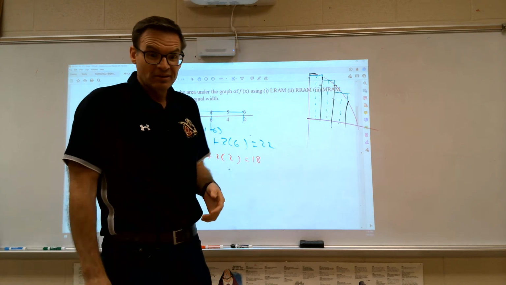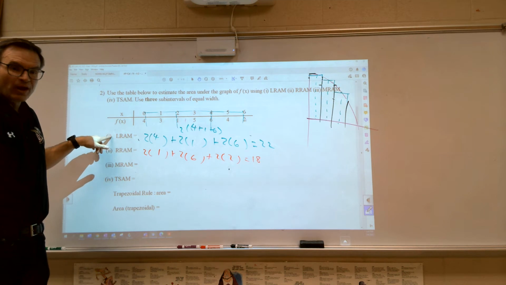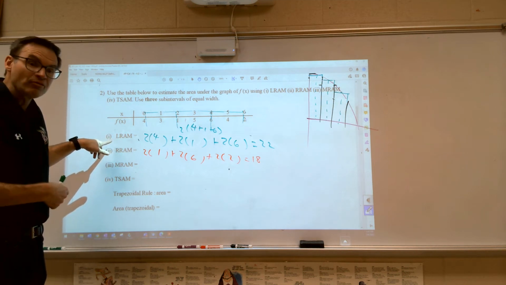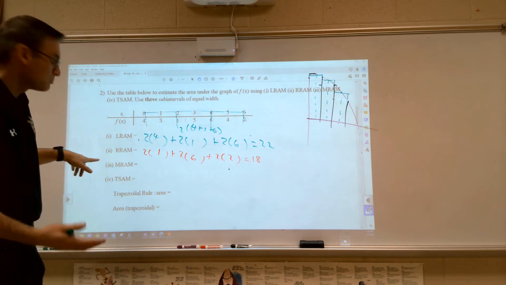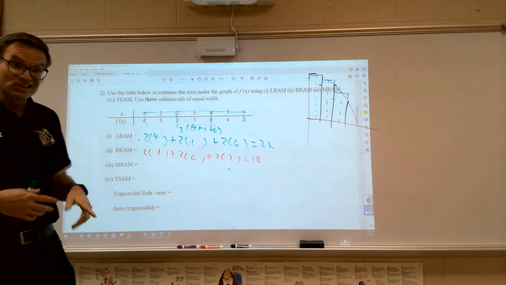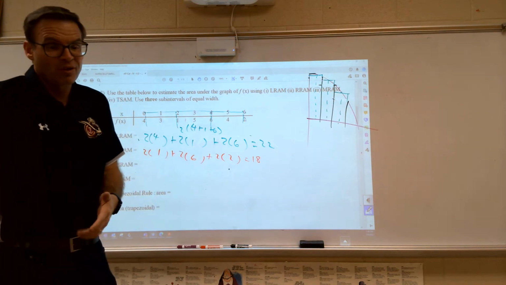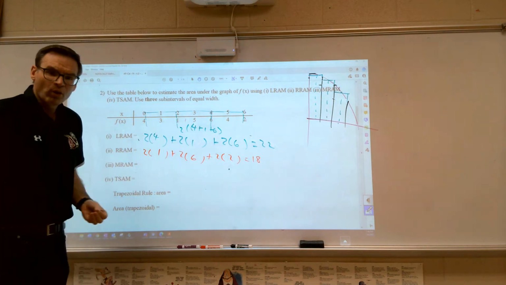LRAM says get your height from the left, RRAM says get your height from the right, and MRAM stands for get your height from the middle. It's called the midpoint approximation method. And here's how that works.